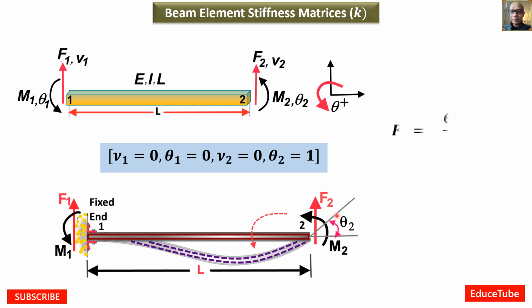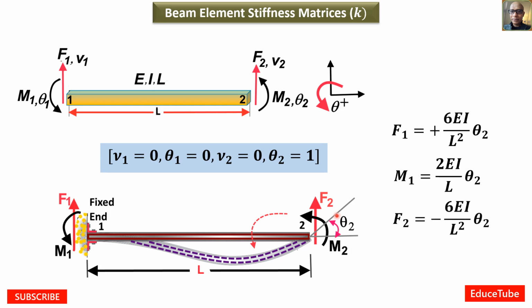So what will be our values for F1, M1, F2, M2? In the previous slide, our M1 was 4 EI and M2 was 2 EI, in the second column of the stiffness matrix.